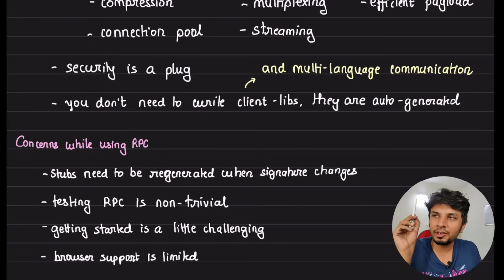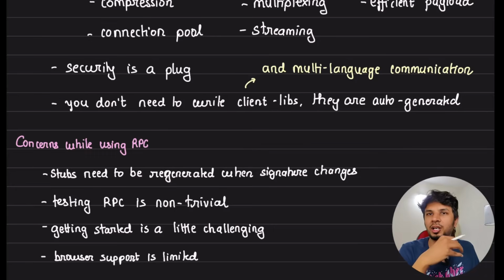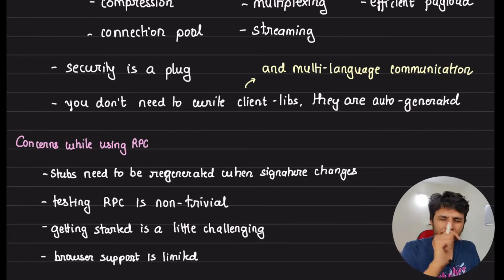You saw we have protofiles, which create stubs for multiple languages. This way, if you have a gRPC or an RPC server, your client can directly talk to this RPC server, and the protofile that you have can generate your client libraries for you.